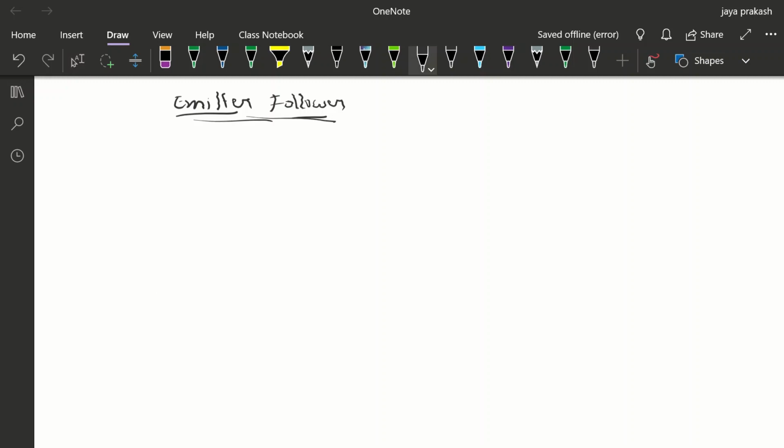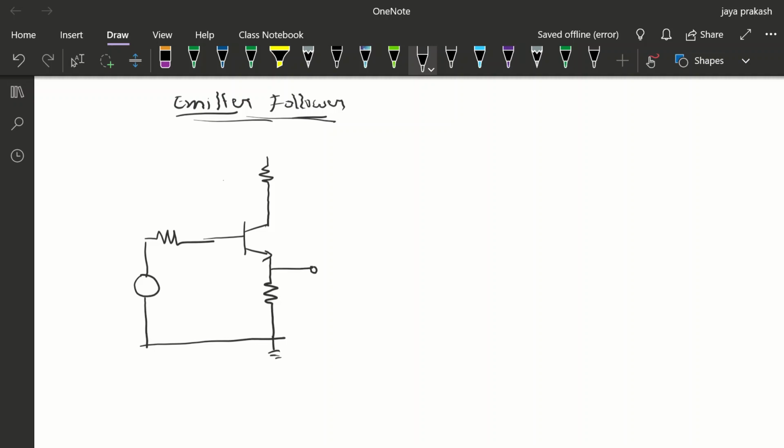First, let me draw the circuit diagram of emitter follower. Emitter follower means common collector circuit. In the common collector circuit, we are considering the base as the input and the output is taken at the emitter, and the collector is common, VCC.